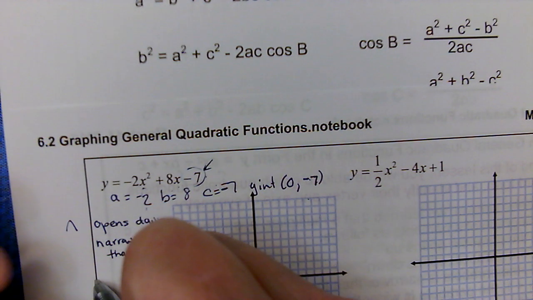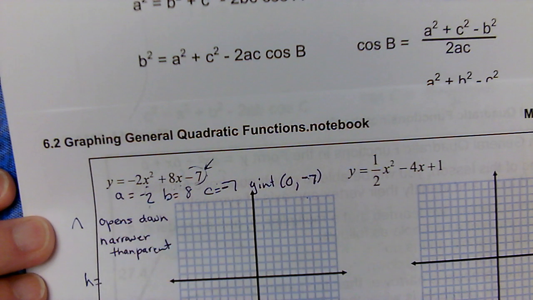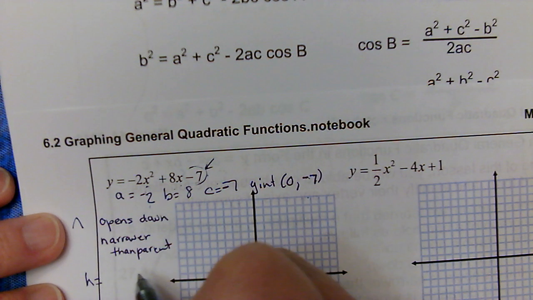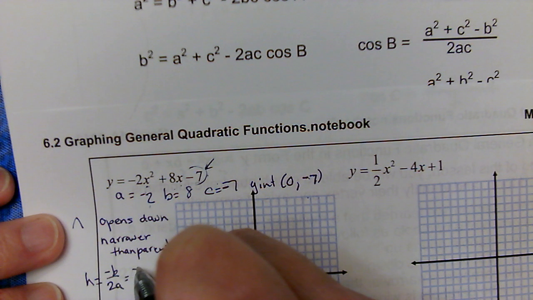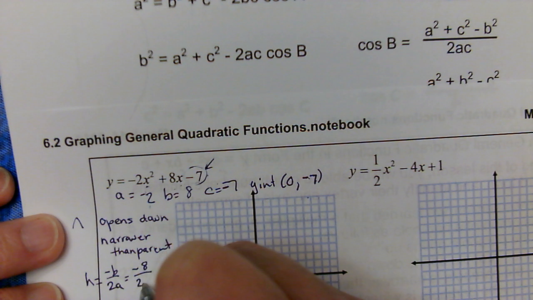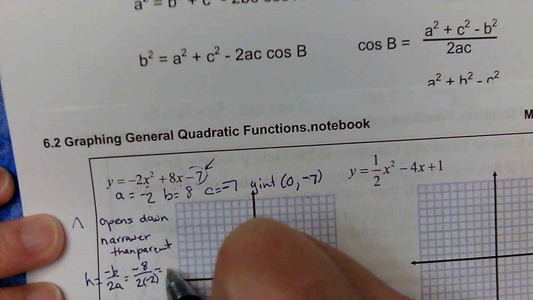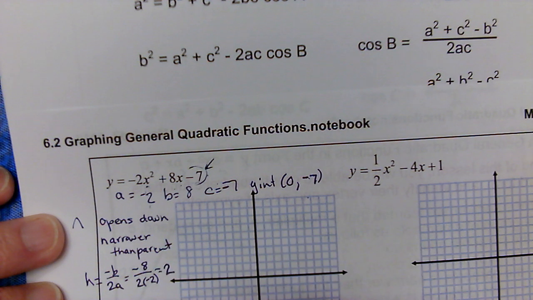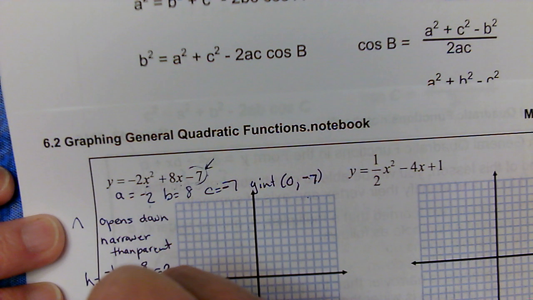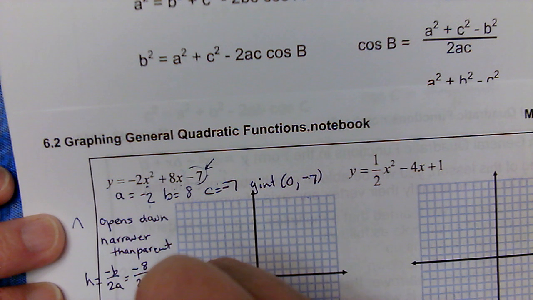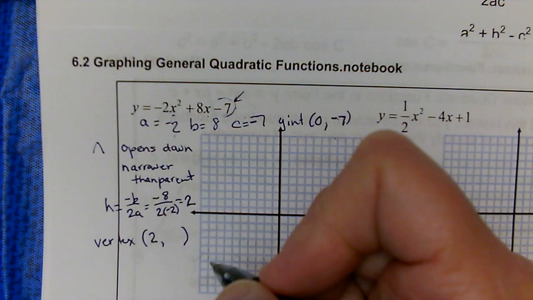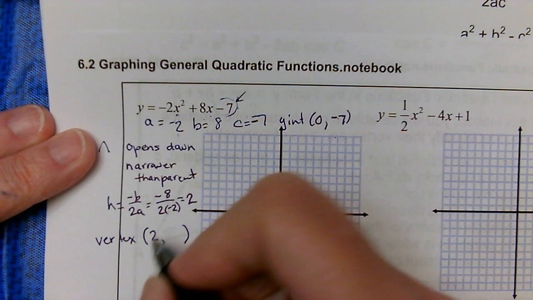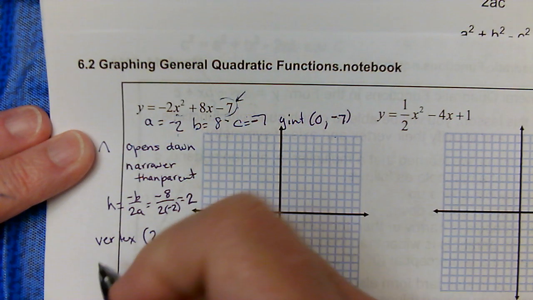And my vertex, my h value, the x-coordinate of my vertex, is going to be at negative b over 2a, which is going to be negative 8 over 2 times negative 2. Negative 8 divided by negative 4 is positive 2. So the vertex has an x-coordinate of 2, and then to find the y-coordinate, I plug 2 into the original equation.